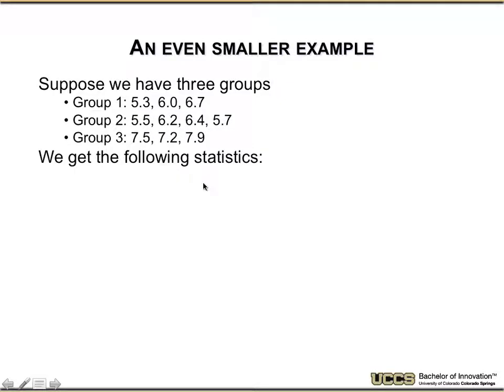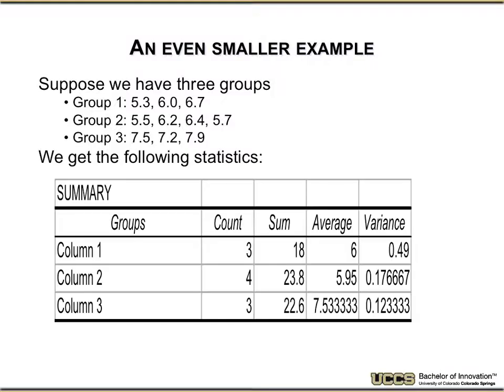Are those the same or different? And again, the answer is you probably can't tell. Now if I look at their means, the averages are 6, 5.9, and 7.5, and they have variances of 0.49, 0.17, 0.13.